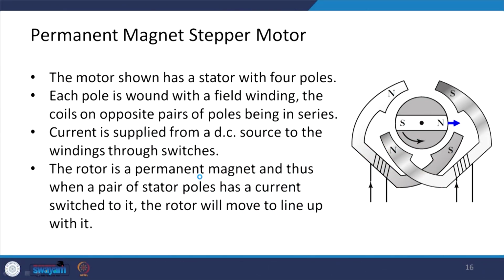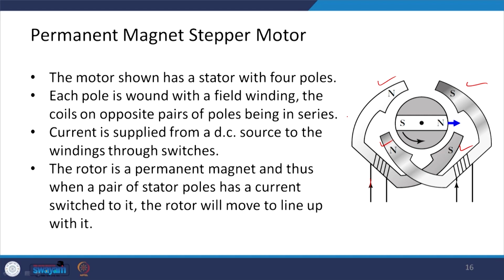The motor shown has a stator with 4 poles. So, you can see 1, 2, 3 and 4, these are the 4 poles, and by changing the direction of current we can change these poles.